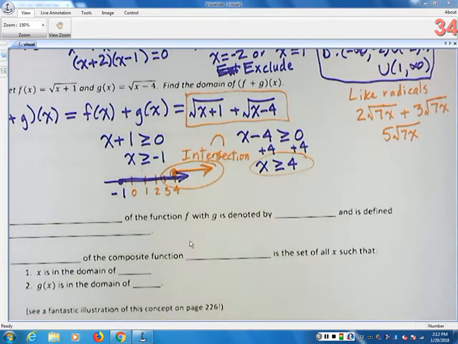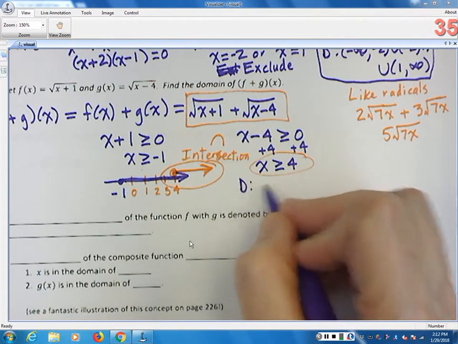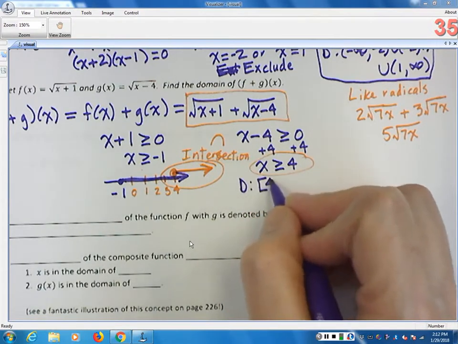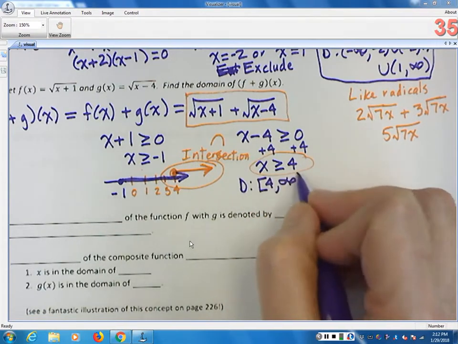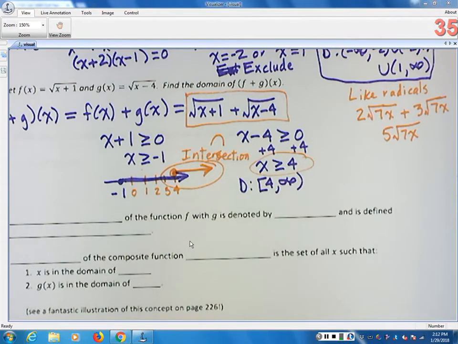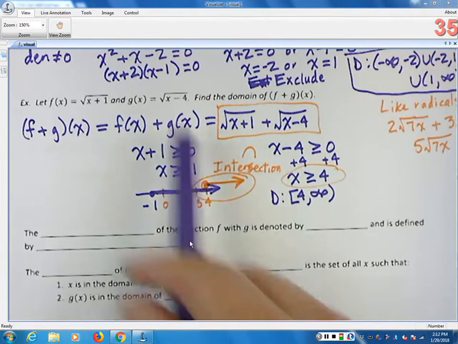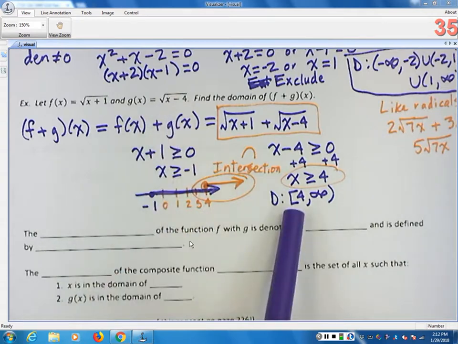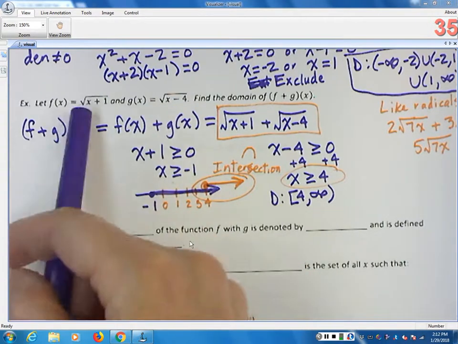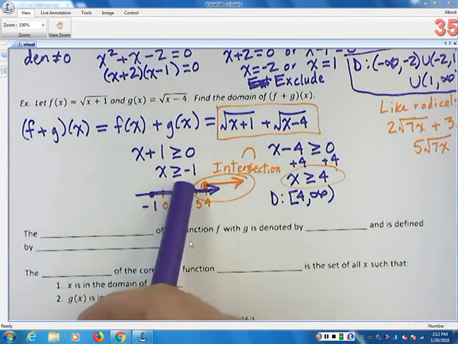So our domain is square bracket 4 to infinity. This original domain was 4 to infinity, and this one was -1 to infinity.